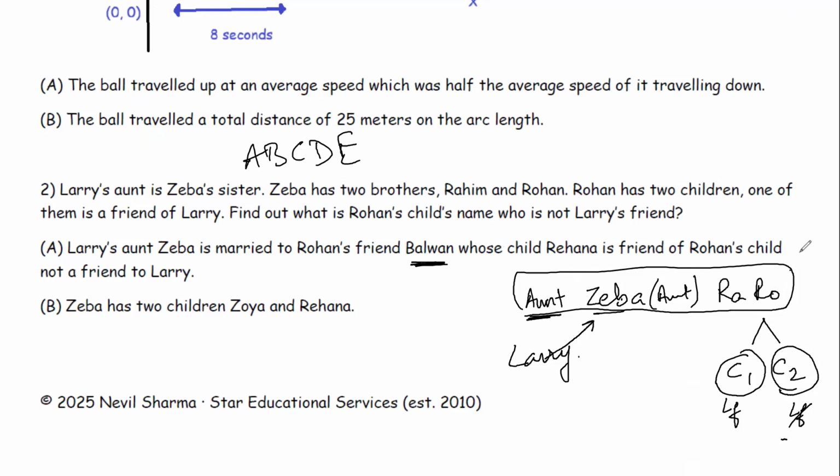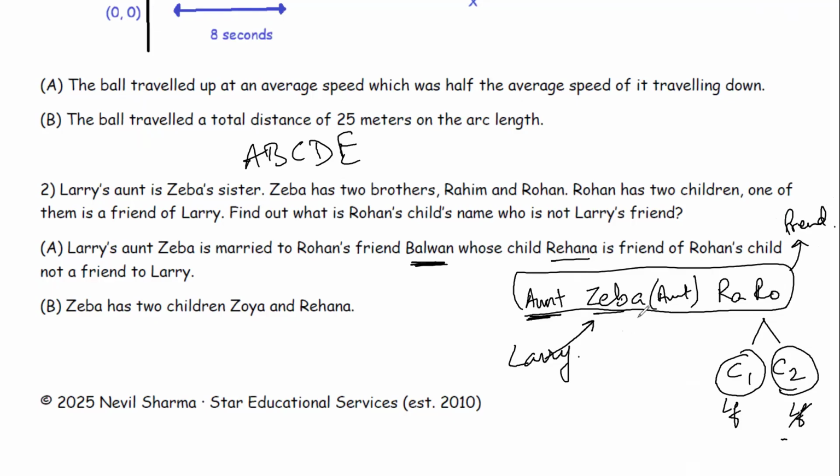So the Zeba, that is Rohan's sister, is married to Rohan's friend. Okay. Anyway, whose child Rihanna? Balwan and Zeba's child Rihanna is friend of Rohan's child.